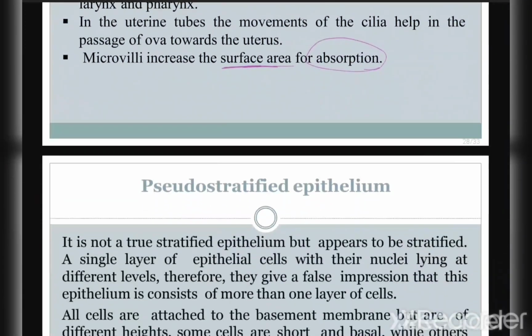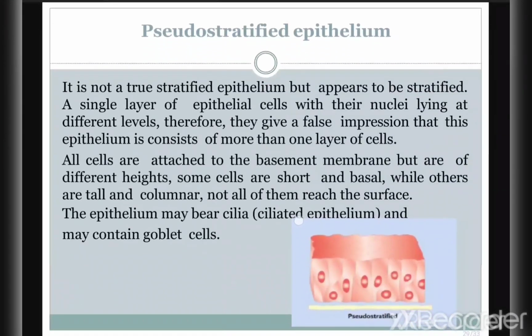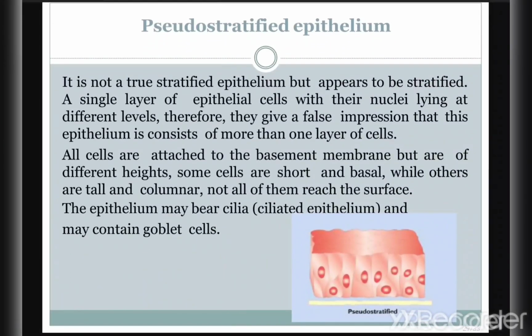Lastly, we have the pseudostratified epithelium. It is a specific type of epithelium. It is not truly stratified, and not simple either. It looks like stratified: you will see the nuclei at different levels, but actually all of the cells are attached to a single basal lamina.